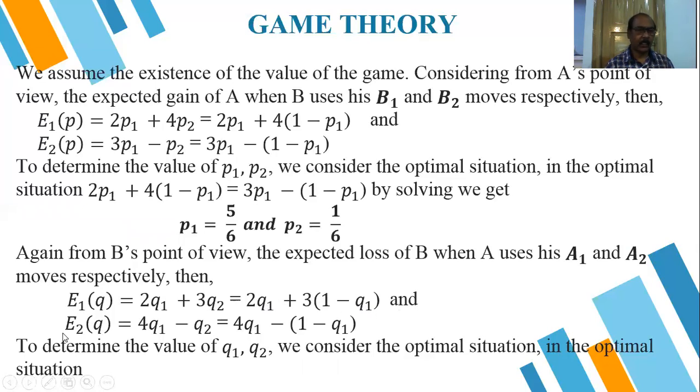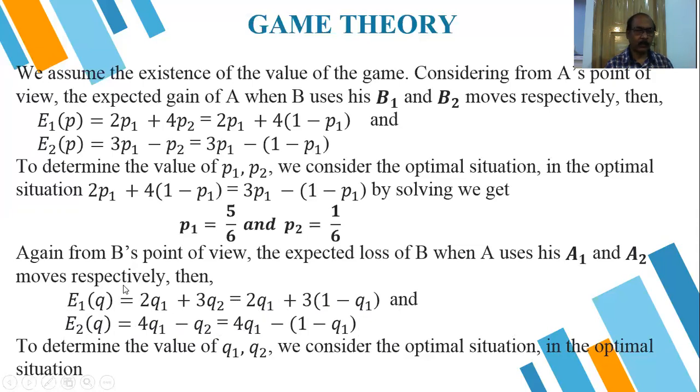And expectation of Q when A is considering the A2 course of action: 4Q1 minus Q2. In the second row, the second element is minus 1, that is plus minus 1 into Q2, that is minus Q2. So 4Q1 minus 1 minus Q1.